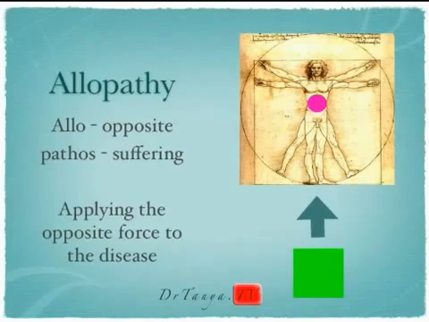Now, allopathy, allo means the opposite, and pathy, of course, is suffering again. So in allopathy, this is what we call conventional Western modern medicine. It's applying a force that does the opposite, and usually fairly forcefully. So if the suffering is represented by a pink-purple circle, the medicine is represented by a bigger green square.